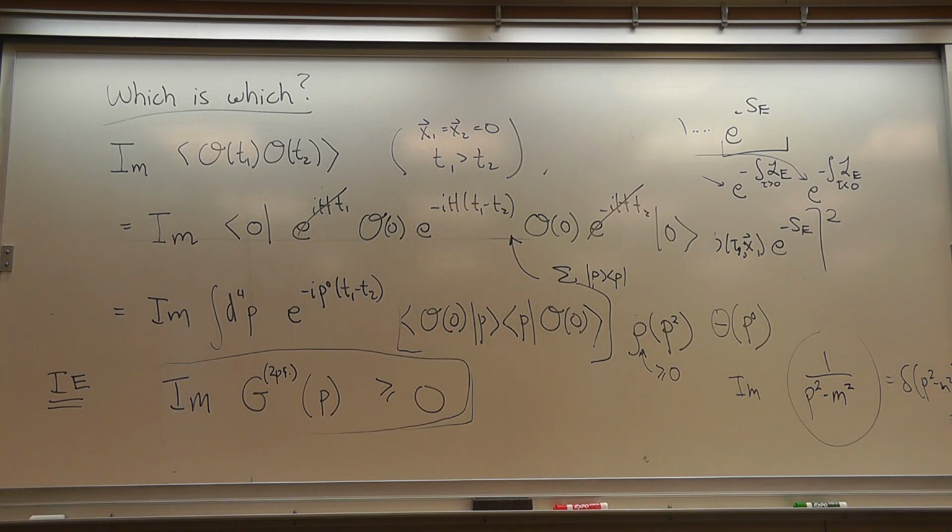So if you put in a width here, then the imaginary part will be some kind of Breit-Wigner peak, and unitarity will fix it to have the right sign. I think I got the wrong sign maybe, but it has some sign.